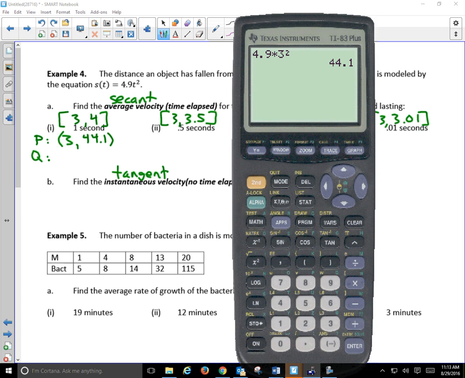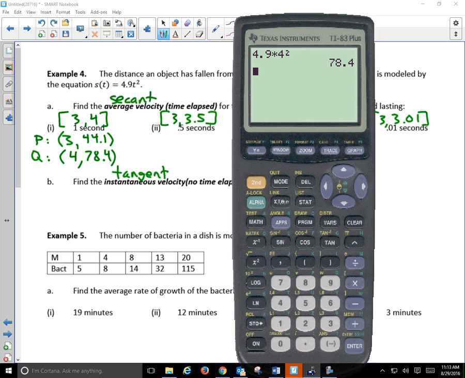What is the x value for Q? 4. And how do you find the y value? Plug it in. It's the interval. These are my different x values. So you type in 4.9 times 4 squared. We get 78.4.